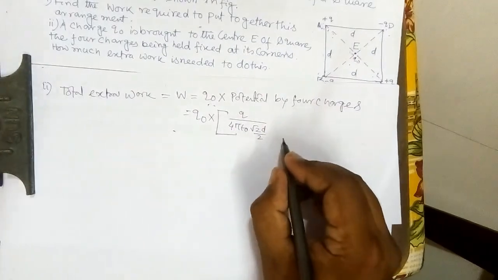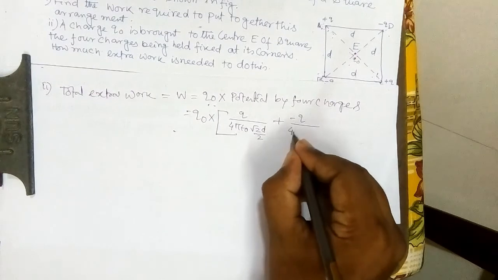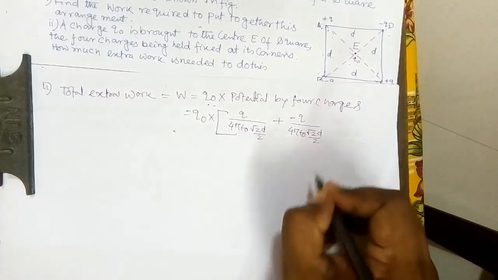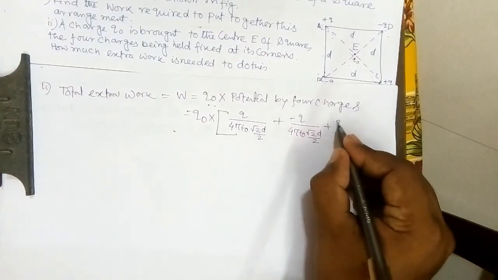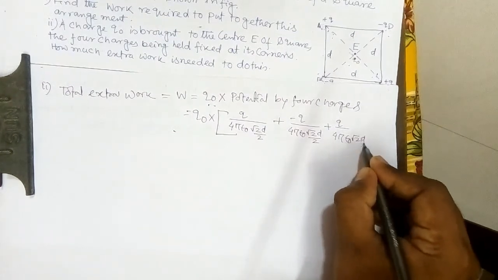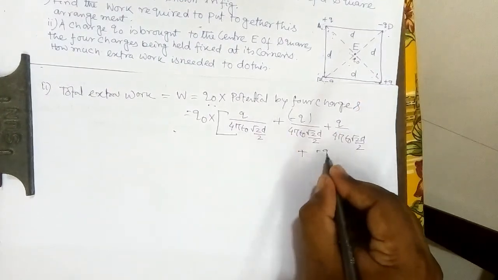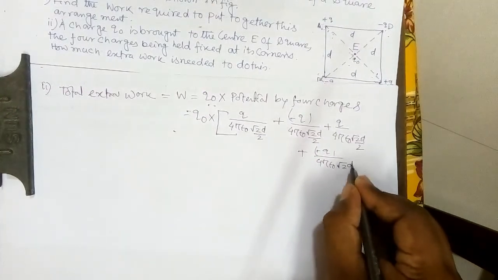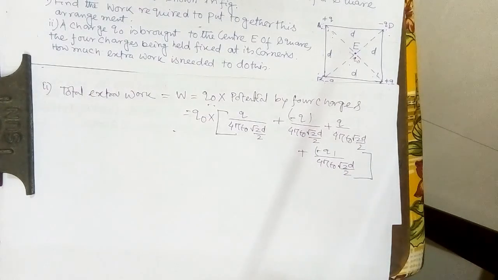Okay, next for B it is minus Q by 4 pi epsilon naught root 2 into d by 2, plus for C plus Q by 4 pi epsilon naught into root 2 into d by 2, plus here again the minus Q. So minus Q by 4 pi epsilon naught root 2 into d by 2. So that is the total potential for different charges.